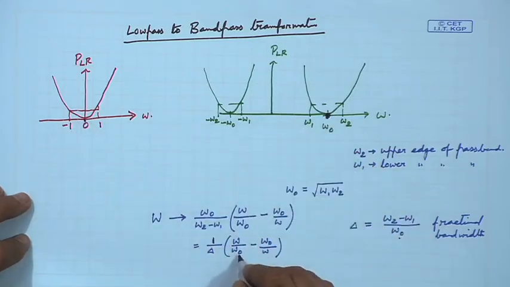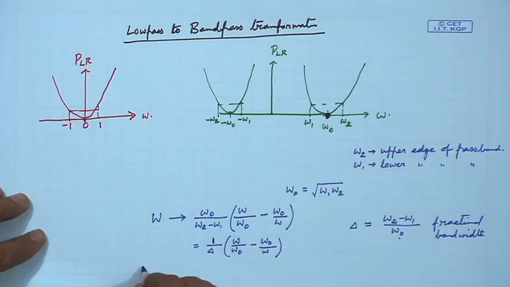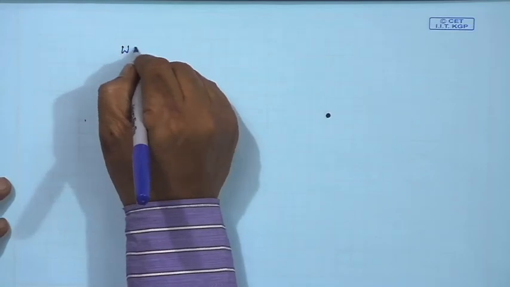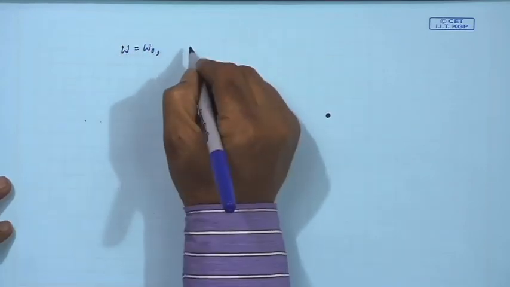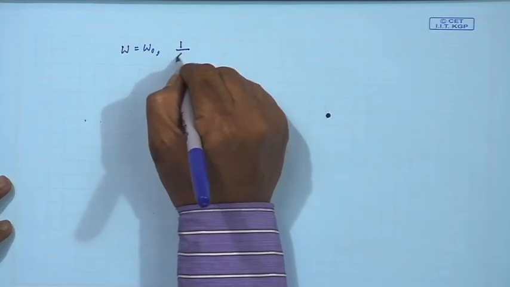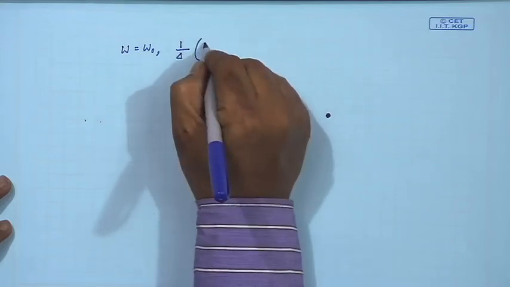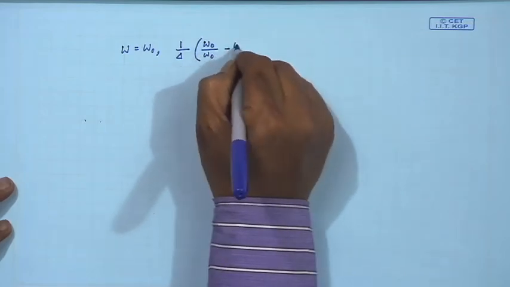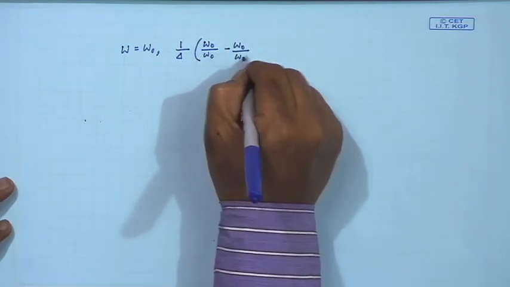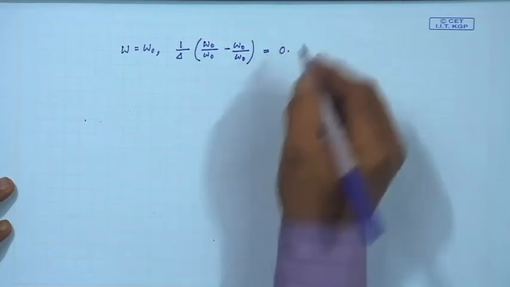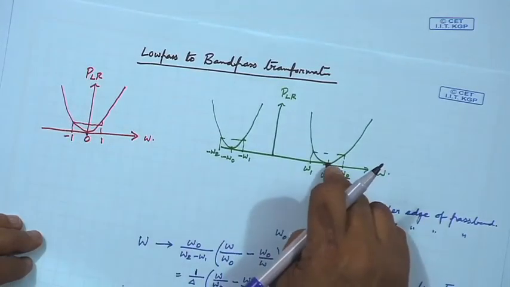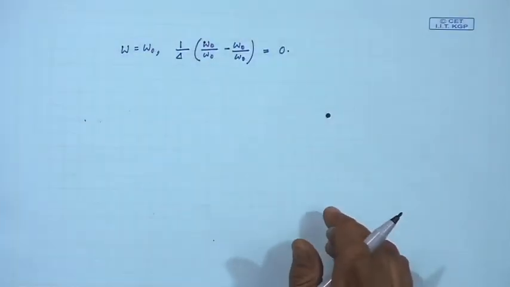Let me put it here, this is my transformation, keep it. Then when omega is omega naught, what happens to this term? It is 1 by delta, then omega naught by omega naught minus omega naught by omega naught. So, it is 0.